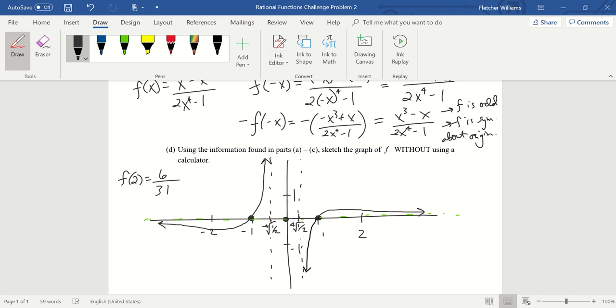Then in the middle, you would try going to the fourth root of a half from the left, and you would see that it goes up to infinity, and the other side goes down to negative infinity.